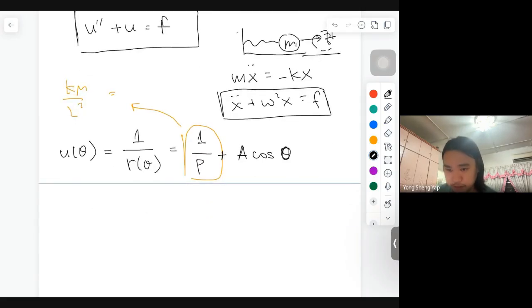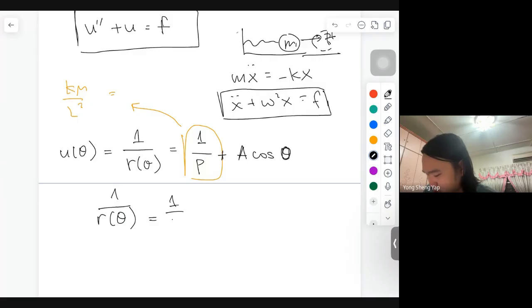Yeah, exactly. So it looks something like this, okay? So if I solve for r of theta, this must be equal to 1 over P times 1 plus P A cosine theta.